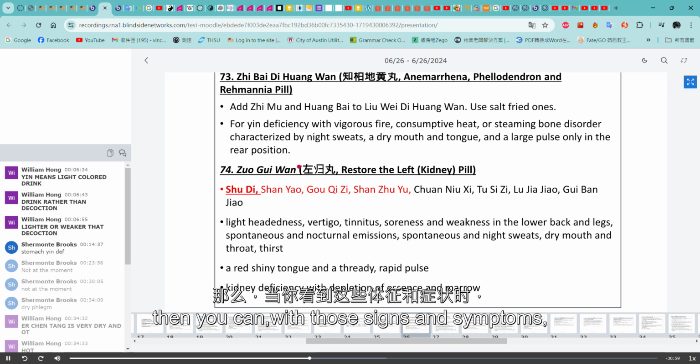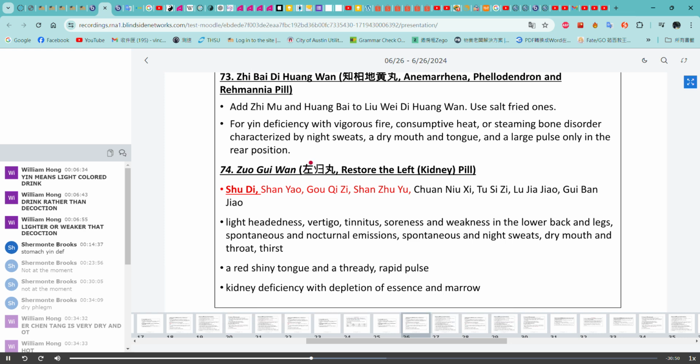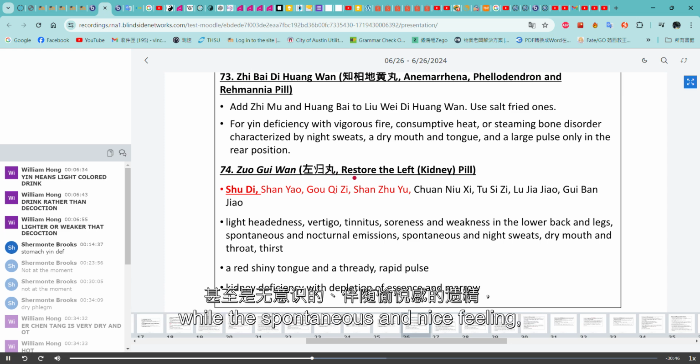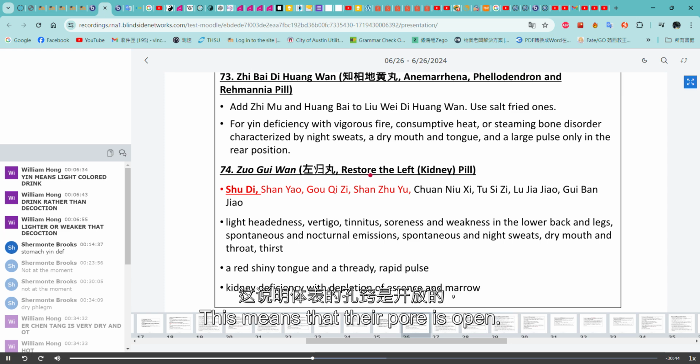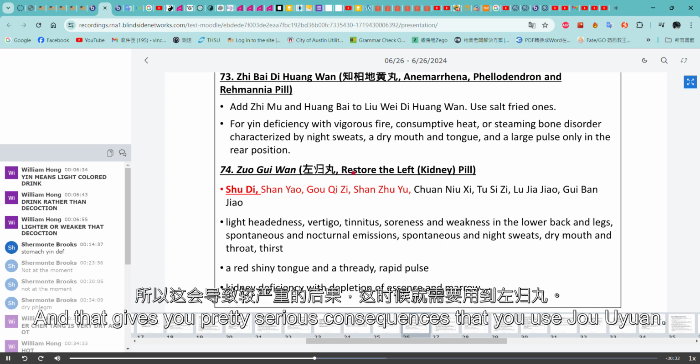With those signs and symptoms, you can consider Zuo Gui Wan because you need to quickly fix the problem, because you keep having nocturnal emission or spontaneous and night sweating. This means that their pores are open, so they're leaking too much essence, and the yin is already in deficiency, and that gives you pretty serious consequences. So that's when you use Zuo Gui Wan.